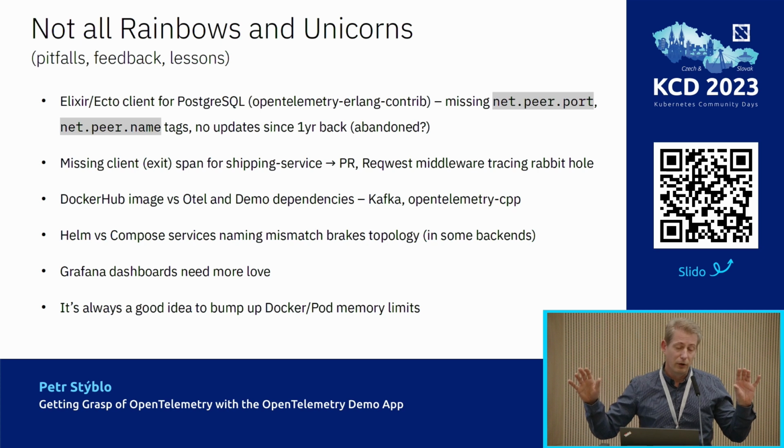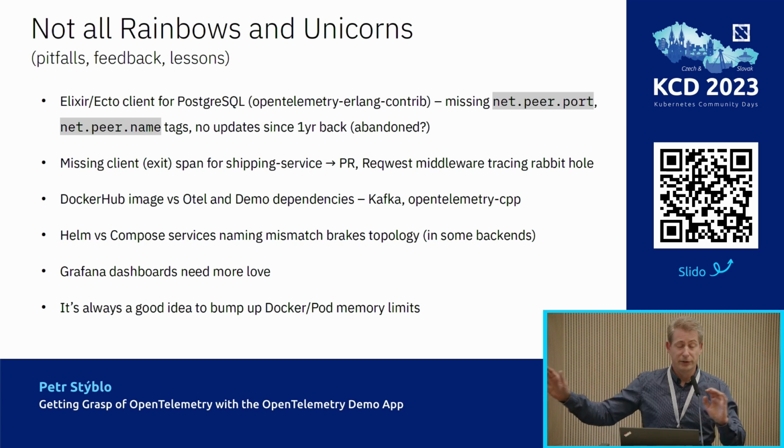So basically a fully qualified call rather than a simple trace. I was looking to find the matching entry and exit span, and I didn't see it in this case. What I found out was that there were missing attributes in the library. Speaking about semantic conventions, again, you will hear more about that today. This is something that was not there, and it's not there yet. It's not there today. It seems like it's abandoned. So, not a great experience with Ecto instrumentation.